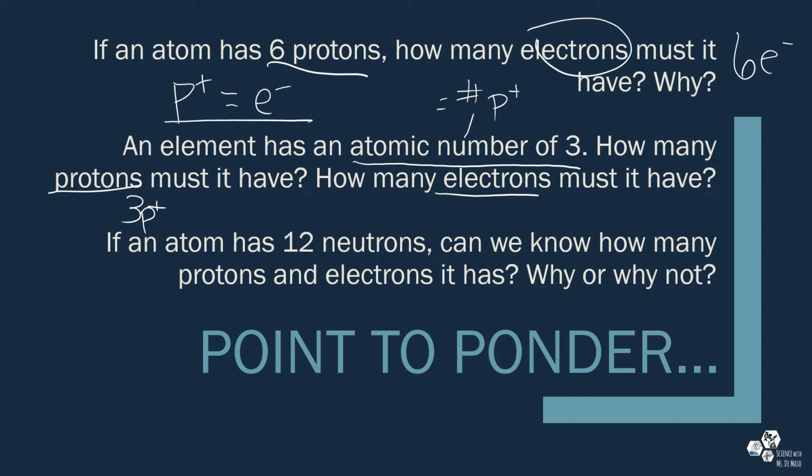The number of protons must equal the number of electrons. So we must have 3 electrons to balance out that charge. Now in this problem, all we know is that it has 12 neutrons. So we haven't really talked about how the neutrons play into determining the number of protons and electrons. That's what we're getting into next.